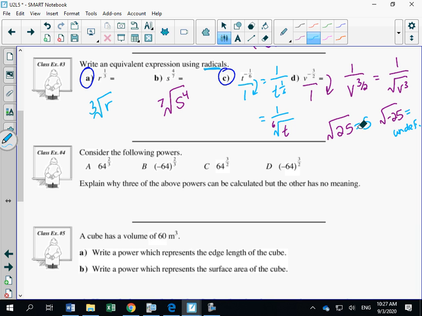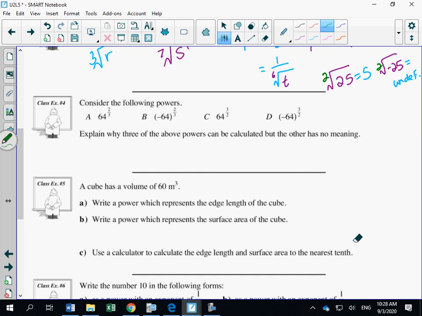The reason is 5 times 5 is equal to 25, but you can't multiply two numbers together and get a negative number, right? So what I want you to see, and we're going to talk about this a lot in Math 20-1, is if you have a square root, so I'm going to write the invisible 2 in, you could never ever take the square root of a negative number, okay?